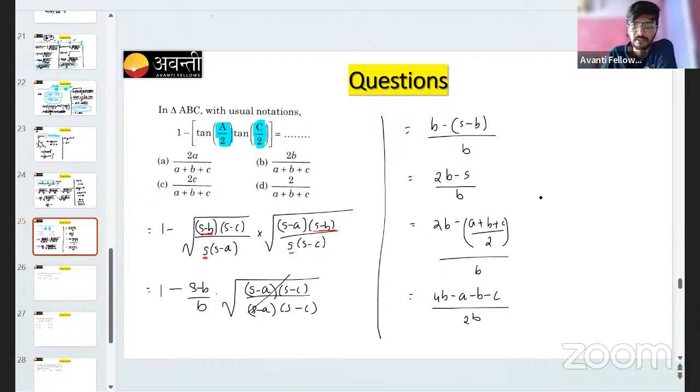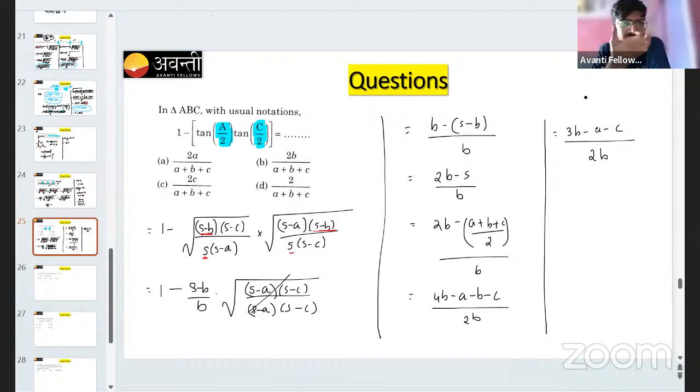Okay, I don't think we have made the mistake. Let's check it further. So (3b minus a minus c) upon 2b. Is this what's coming? Somewhere we made a mistake, I guess.